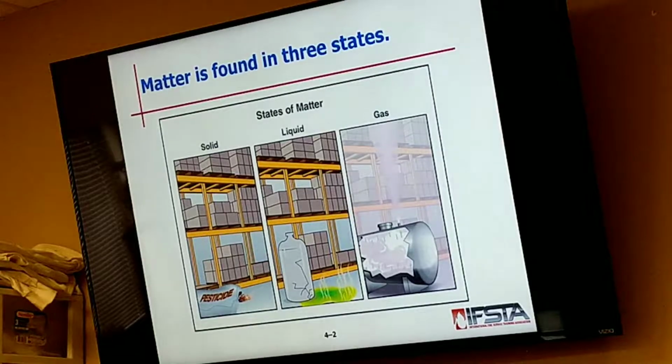We've got to remember that material is found in 3 states: solids, liquids, and gases.